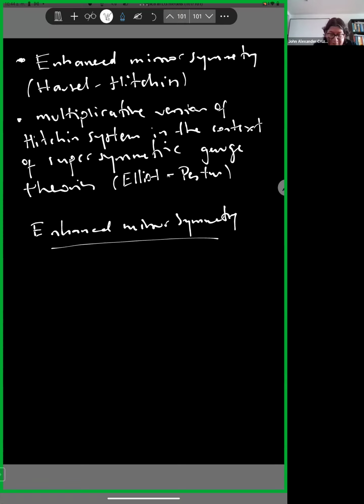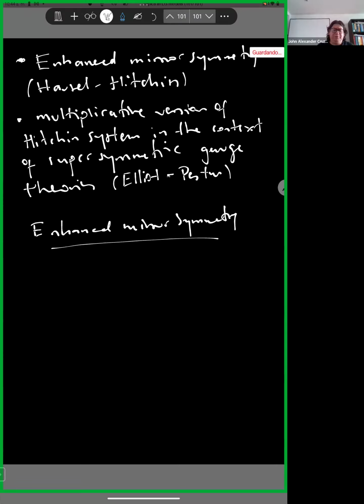So I want to discuss this interesting work, but a task will be to try to relate the ideas I'm going to discuss with you to this very general picture coming from the work of Kapustin and Witten.